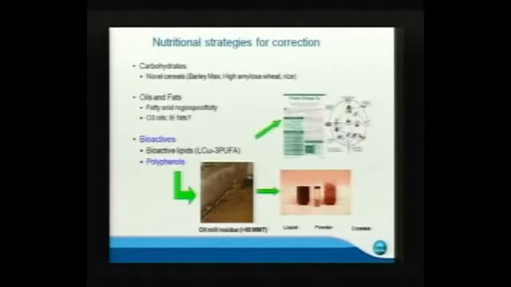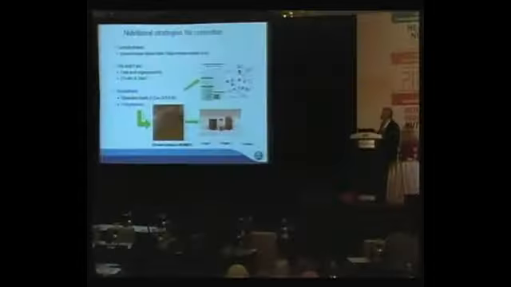If you think about the strategies for correction of vascular disease, there's one angle for carbohydrates. This is the oils and fats. And then there is bioactives. Actually, my organization, CSIRO, is prominent in the carbohydrates field. We have high amylose rice. Barley Max is a product already on the shelf, and rice also.